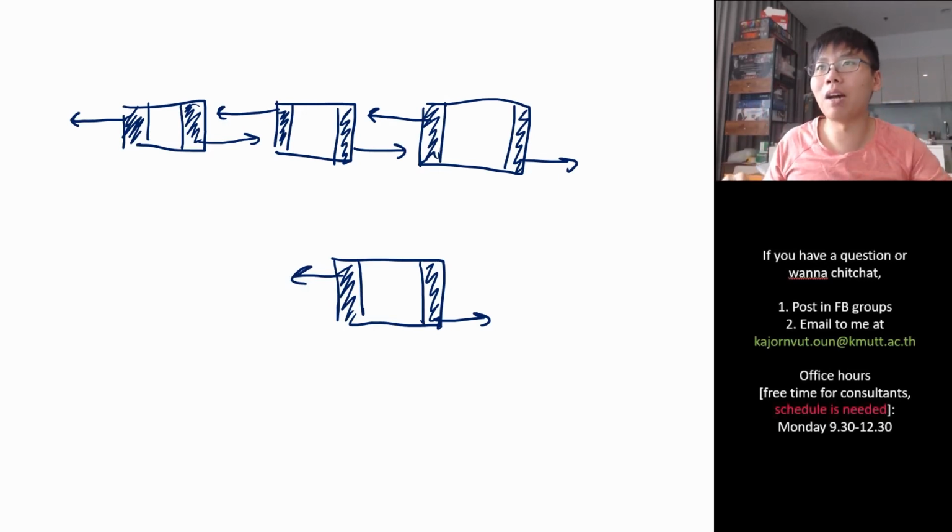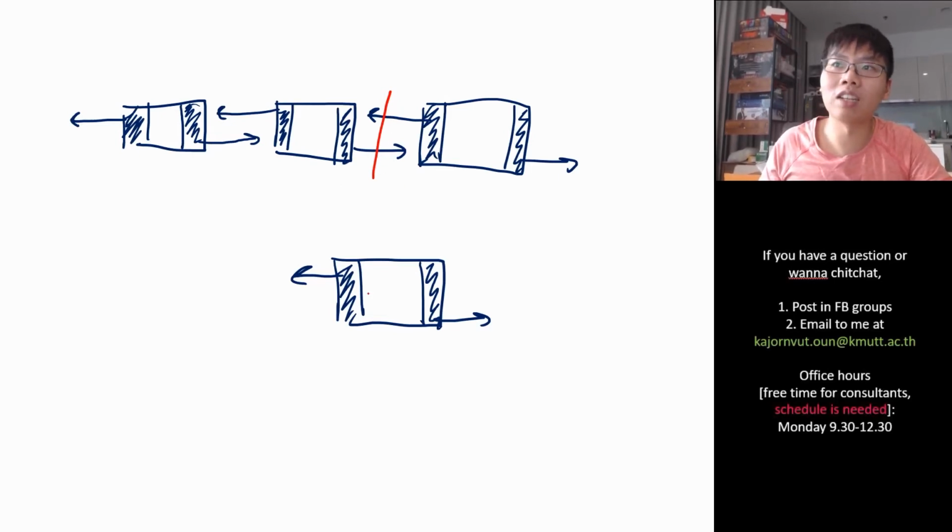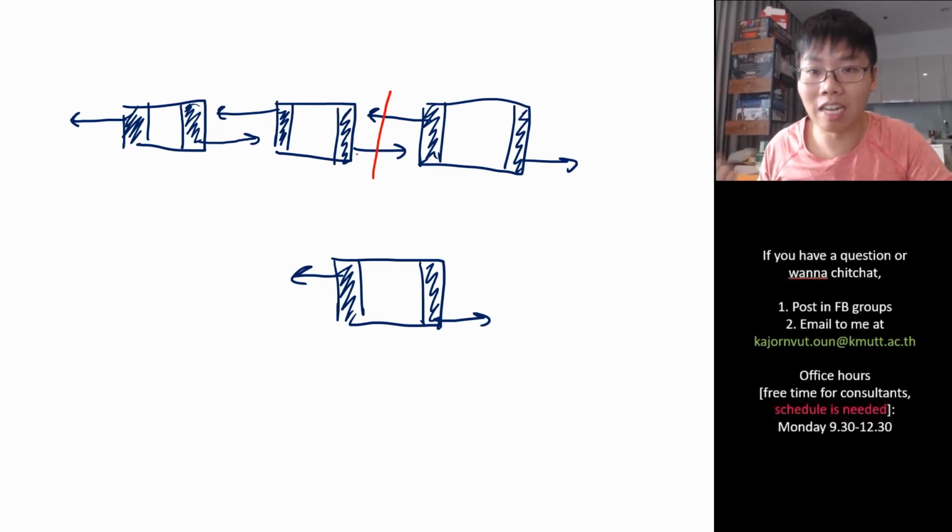However, just keep in mind that you shouldn't cut out these two pointers at the same time before you assign the new node back to the chain. Because if you cut these two out immediately before you assign the new node to the front or to the back of the linked list, then there's nothing in the memory that can point out where the chain of the linked list is.